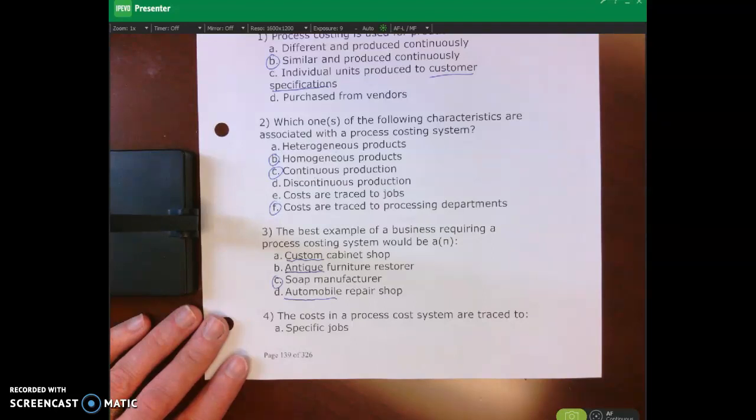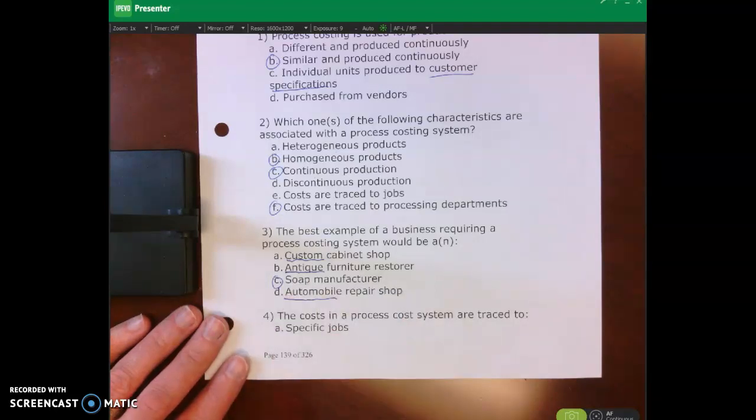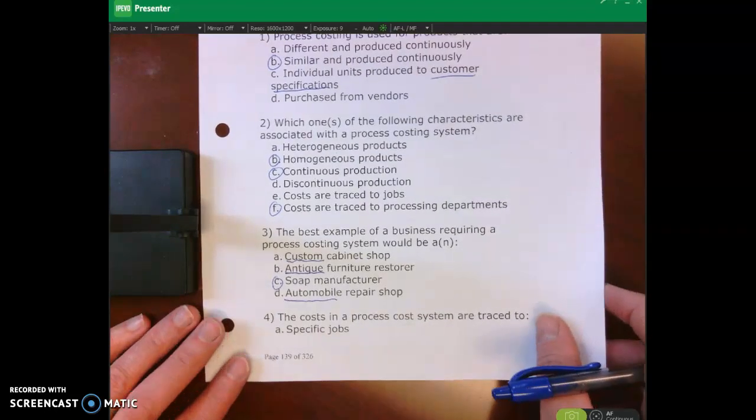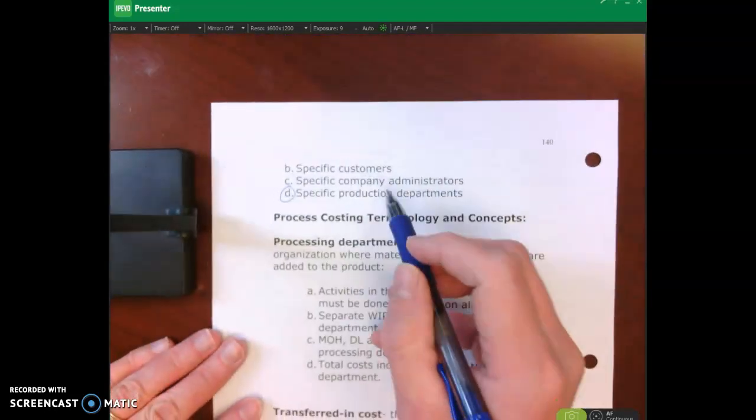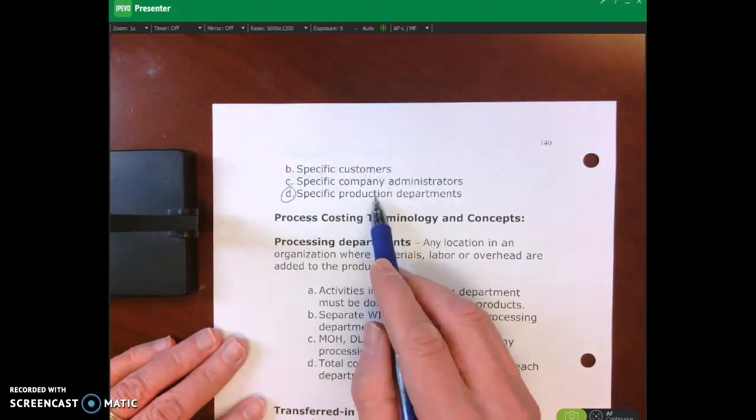Those are two very different jobs. Still soap, not all that different. The costs in a process costing system are traced not to customers, not to company administrators, but to specific production departments.